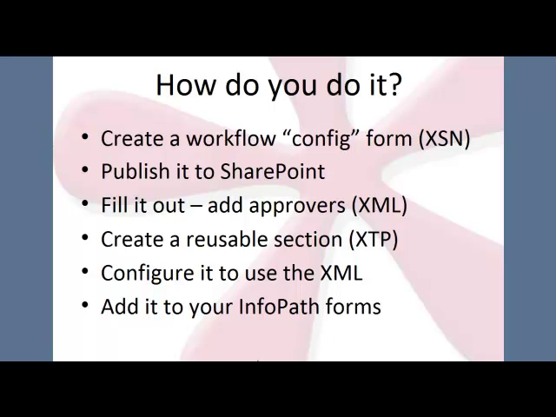You're going to create the workflow XSN, and that workflow XSN is going to fill out your XML. You're going to see that in a second. We're going to store it in SharePoint. That's the data connection that I just showed you. We're going to pull the workflow from that XML. Our XTP is going to pull information from that XML, and then we can add that XTP into our InfoPath forms.